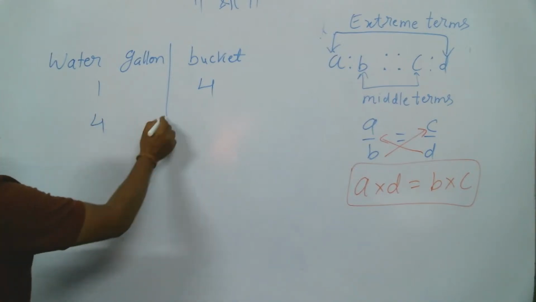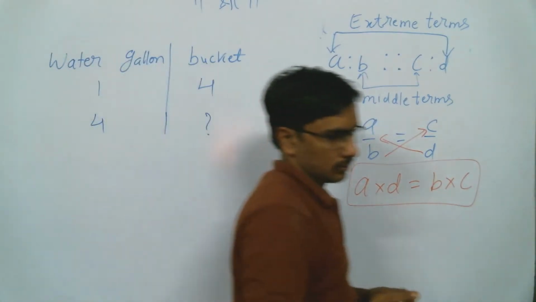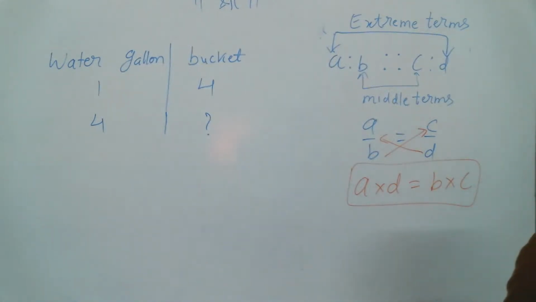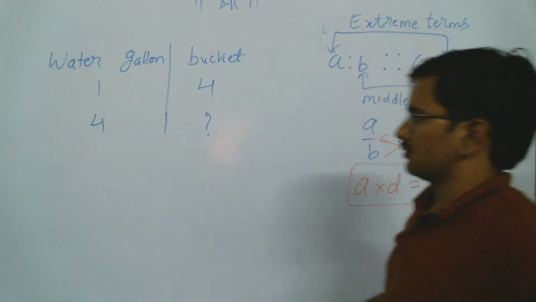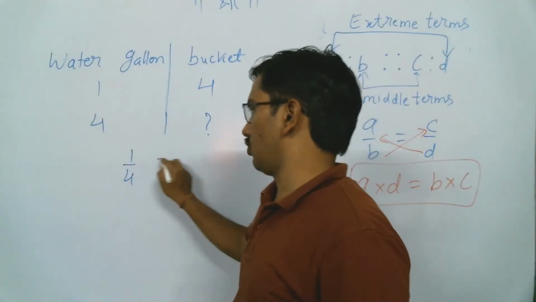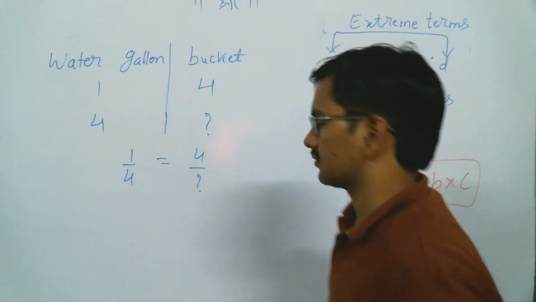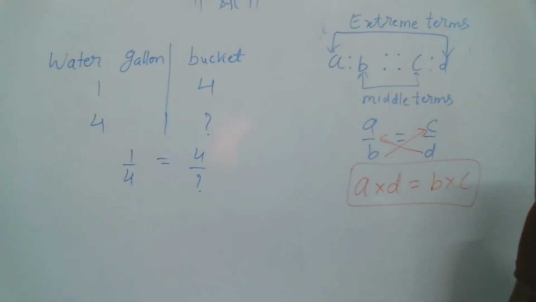So for 4 water gallons, how many buckets will you need? Yes, 1:4. Then 4 is to what? 16. Yes.